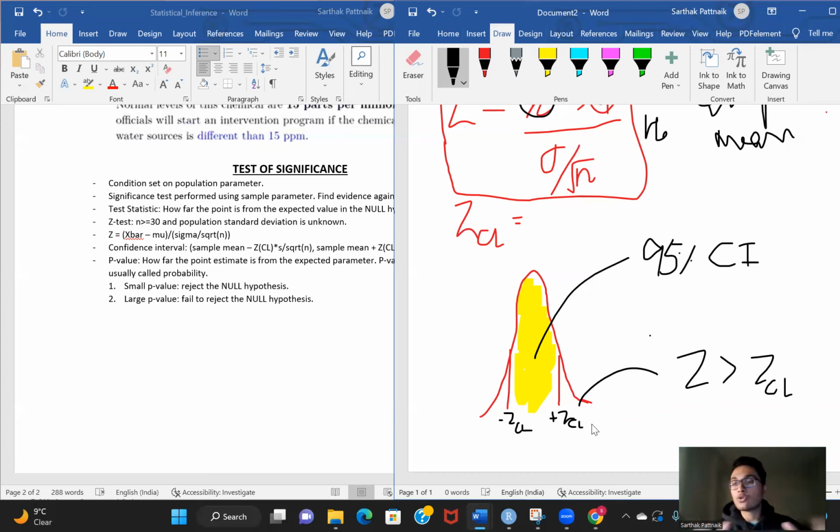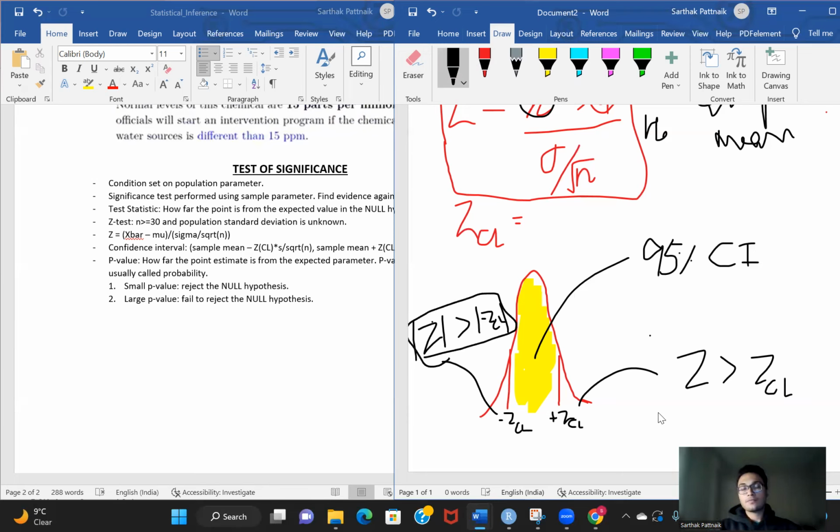If I have to calculate for mu is less than 0, what we have done in a previous question in a previous module, you can go and check that. Then I need to again look over here. Is z... this is going to be my fundamental condition.